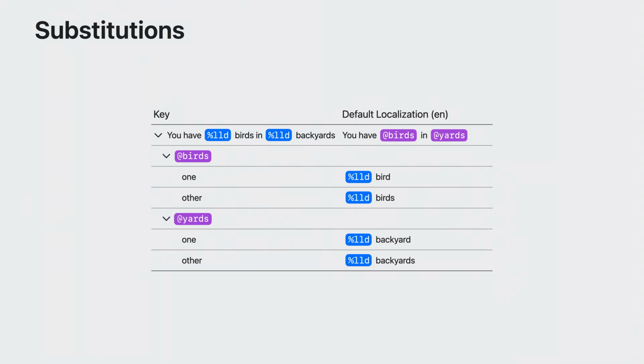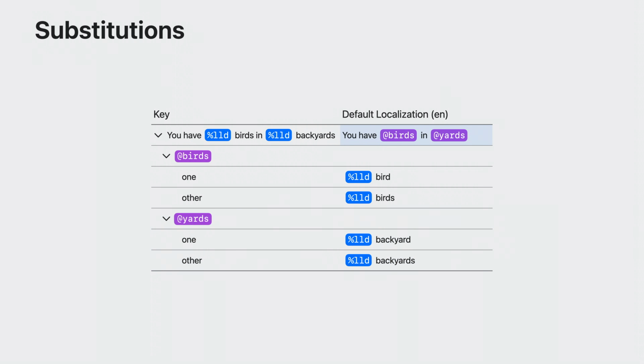This is where substitutions come in. Here, we've varied both of the arguments in the string by plural. Each substitution, prefixed with an @ sign, stores a dictionary of plural cases and their values. This example includes a birds substitution for formatting counts of birds, and a yards substitution for formatting counts of backyards.